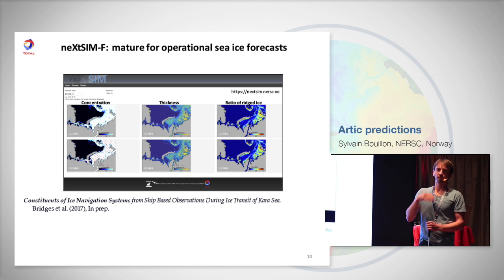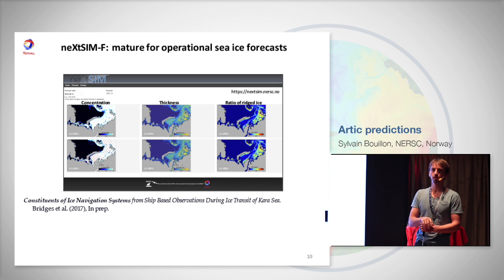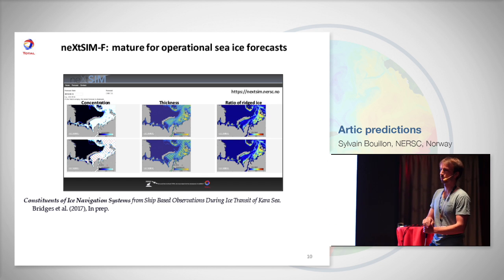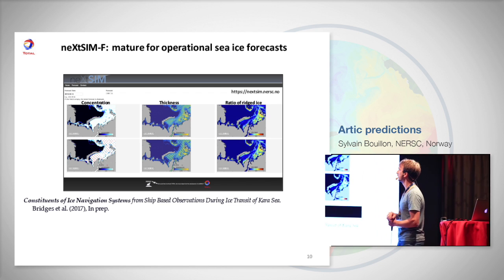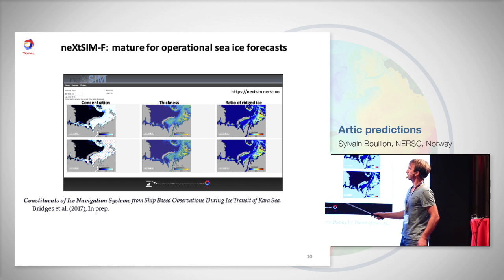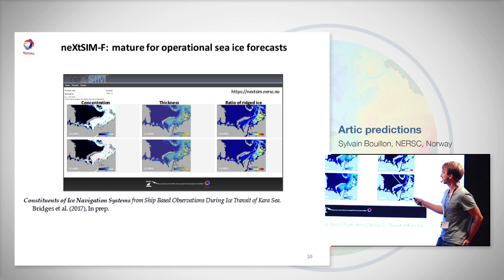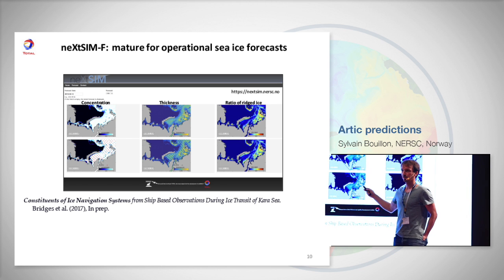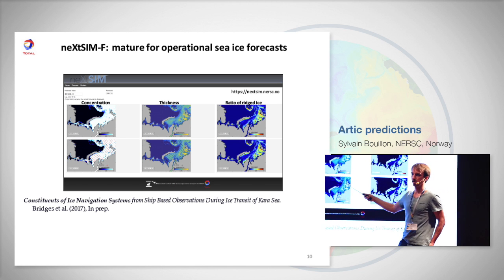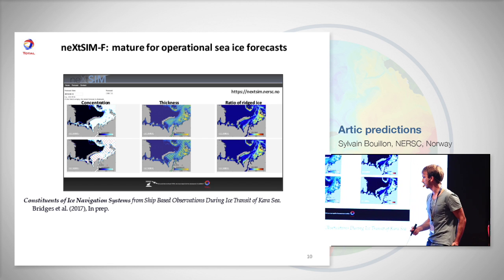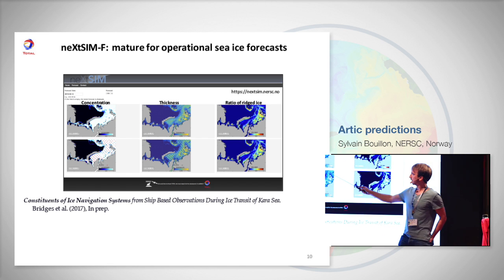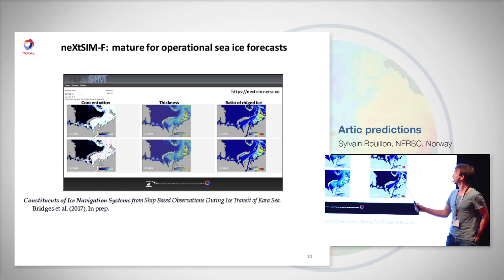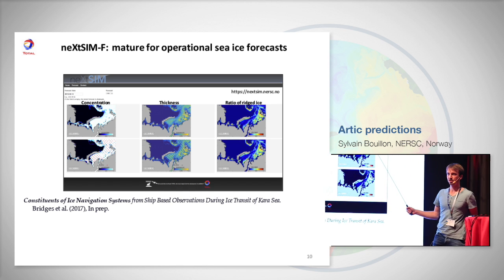So the platform was delivering data every day. So it was to prove that it was feasible. We were delivering data maps on a website where you can choose the date you want, and you can visit the website and have a look yourself if you want. There are maps of concentration, sea ice thickness, and also the ratio of ridged ice.